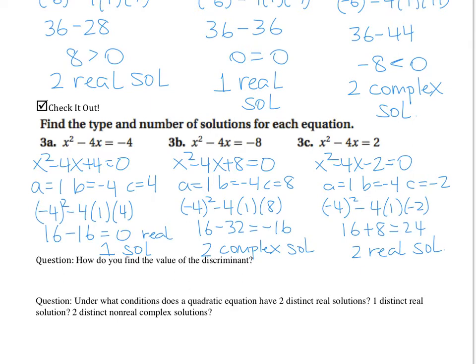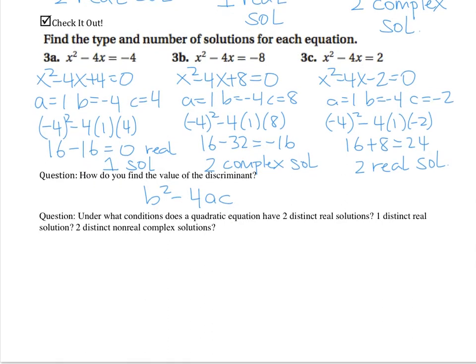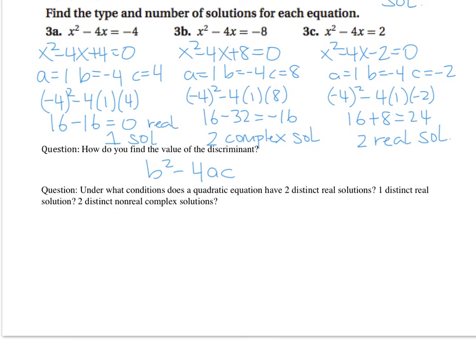How do you find the value of the discriminant? Again, it's B squared minus 4AC. Under what conditions does a quadratic equation have two distinct real solutions, one distinct real solution, or two distinct non-real complex? So when B squared minus 4AC is greater than 0, two real solutions.